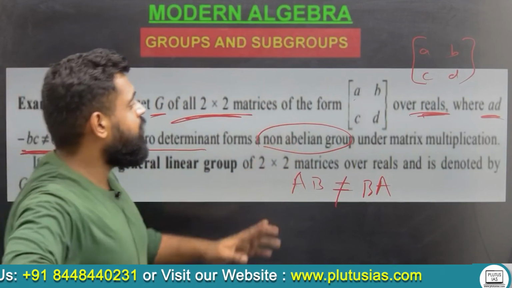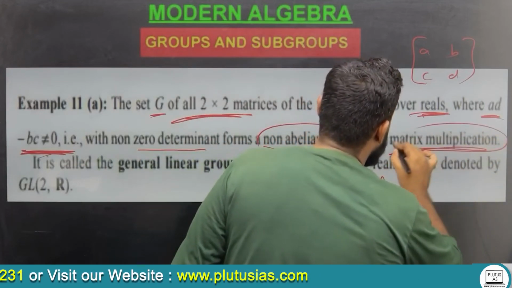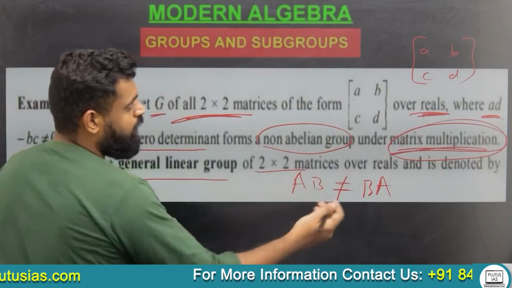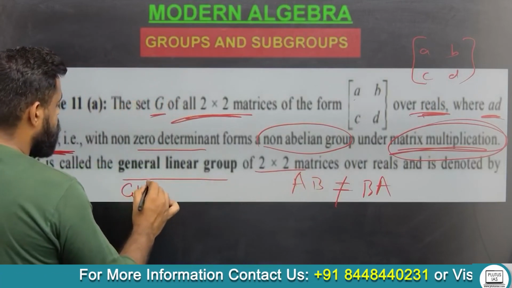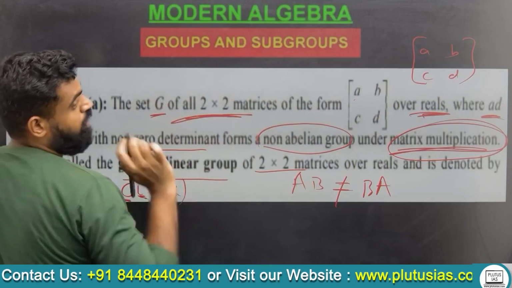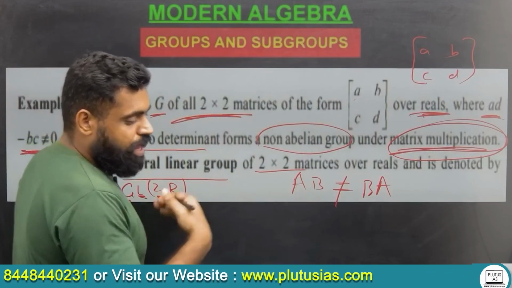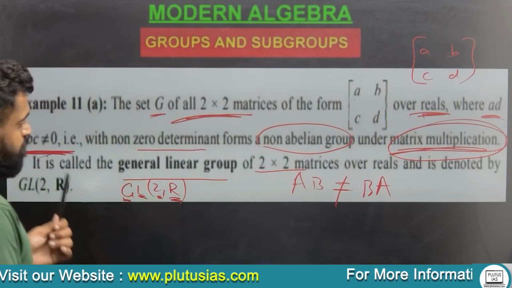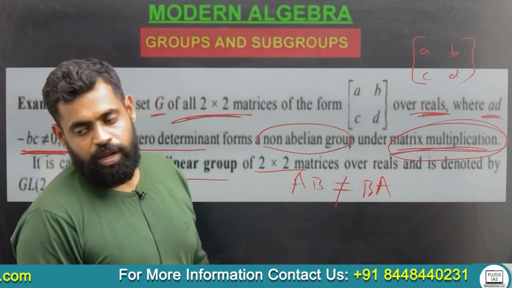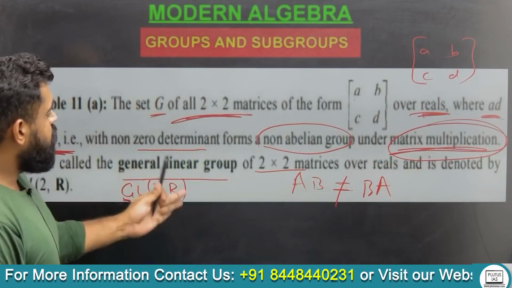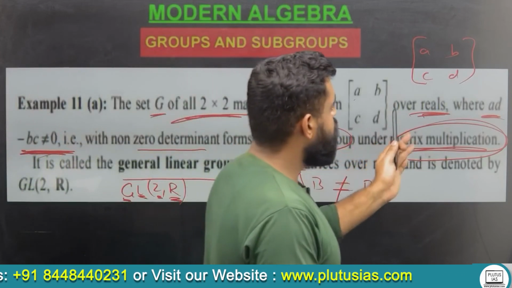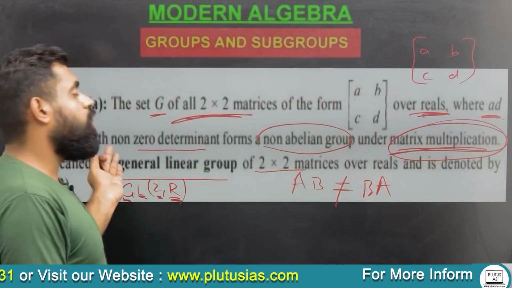Under matrix multiplication, the operation defined here, this is called the general linear group of 2 cross 2 matrices over reals, and it is denoted by GL(2, R). Here, general linear, 2 defines the order of the matrix and R is the reals, and the operation or composition defined is matrix multiplication. So this gives the idea of the general linear group: G is the set of 2 cross 2 matrices of the form [A, B; C, D] over reals where AD minus BC is not equal to 0.